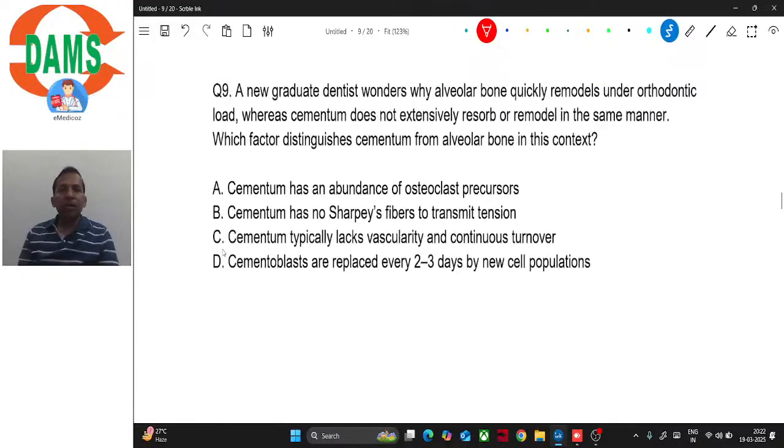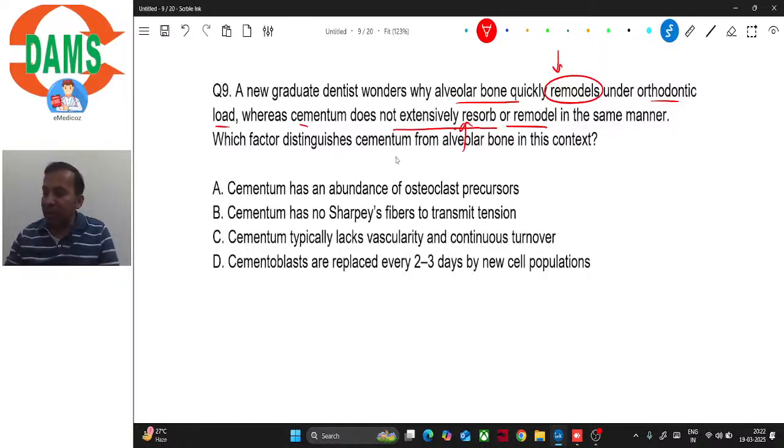So next question: a new graduate dentist wonders why alveolar bone quickly remodels under orthodontic load, whereas cementum does not extensively resolve or remodel. So first thing is the bone remodels and the cementum does not. Which factor distinguishes cementum from alveolar bone in this context?